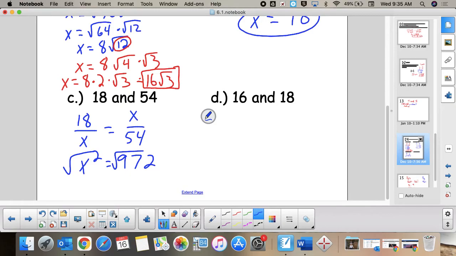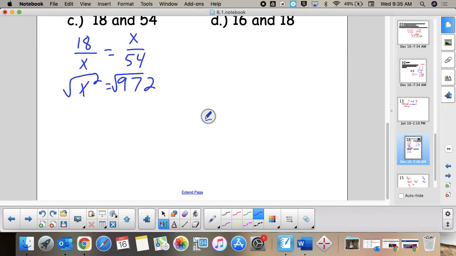The square root of 972 is not a whole number, so we do have to reduce this. So to find a perfect square that goes into it, my biggest perfect square that goes into it is 324, and it's 324 times 3.